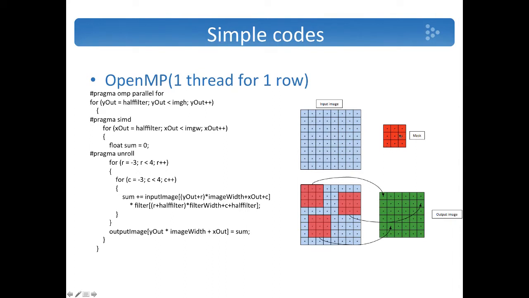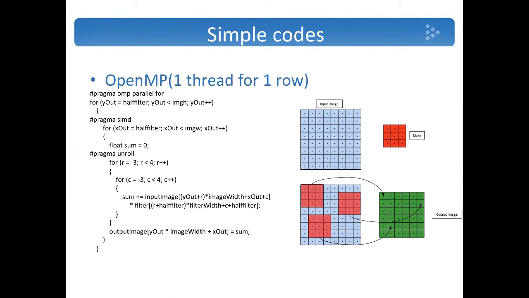It's just like a dot product. You can see the program code on the left is quite simple, and I will show you how I organize the thread and SIMD.